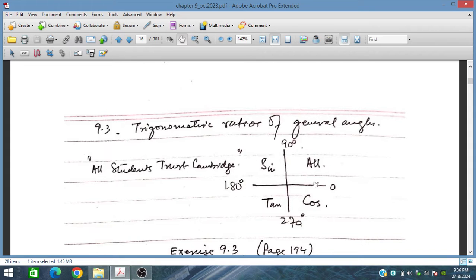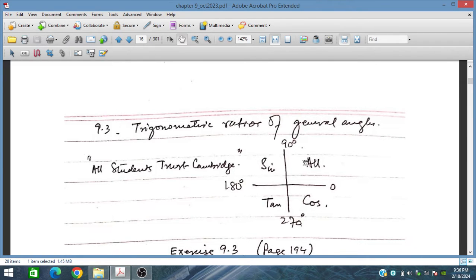We actually divide the 360 degrees into 4 quadrants, and 0 to 90 degrees is considered quadrant 1, and 90 to 180 is quadrant 2, while 180 to 270 is quadrant 3, and the last one, 270 to 360 degrees, is quadrant 4.